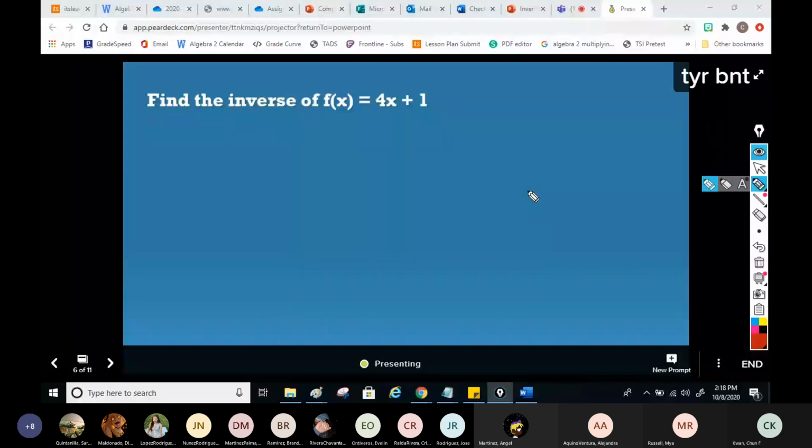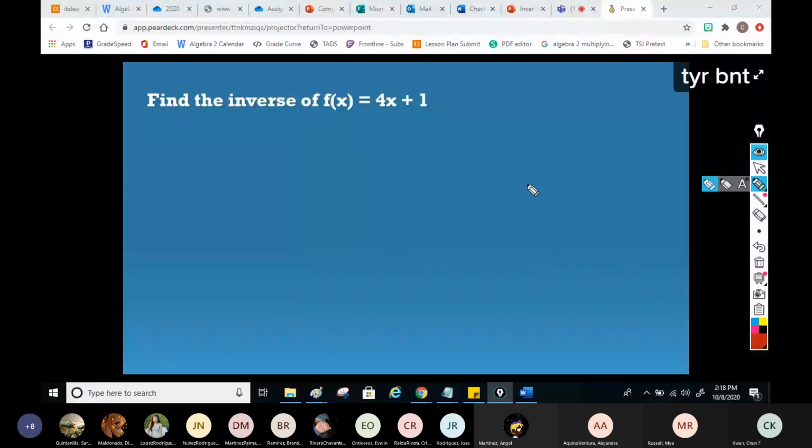From here on out, I want you to write everything down. You're going to need to know all about this. So write everything down.